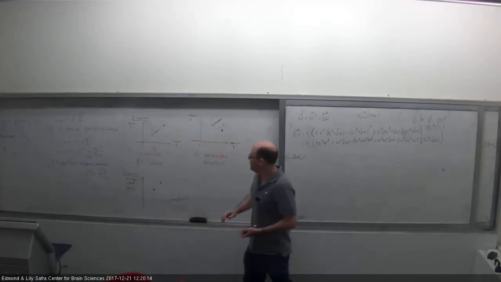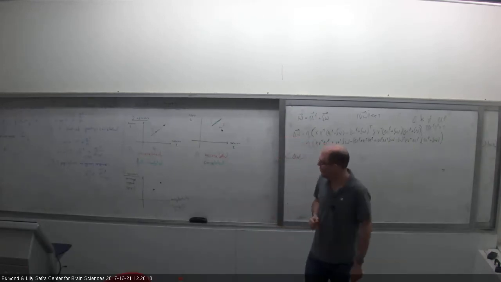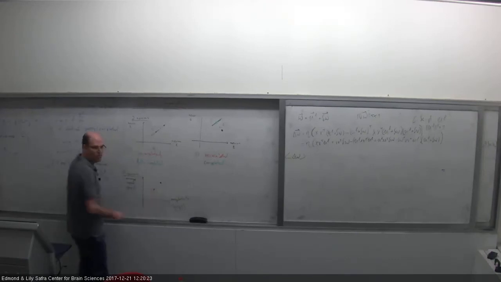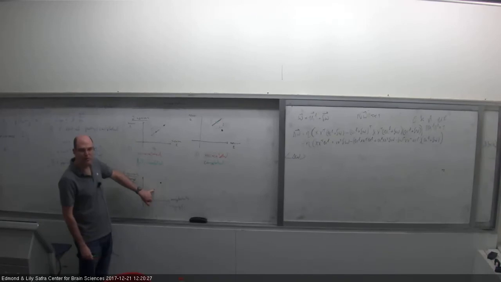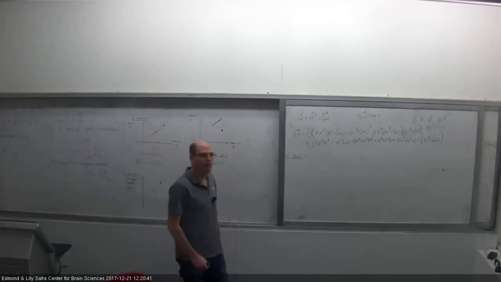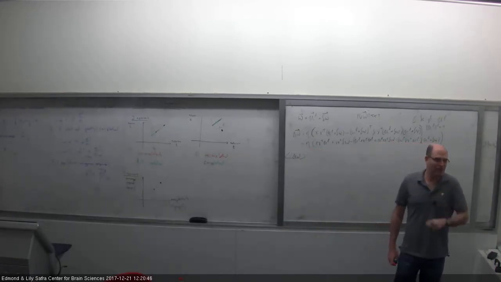But what can I say? Let's think about the uncorrelated case. What can I say about the distribution, the variability of this around this point on a trial-by-trial basis? Is it the same as here, or is it different? Much smaller. By a factor of what? The standard deviation goes like the square root. Right.